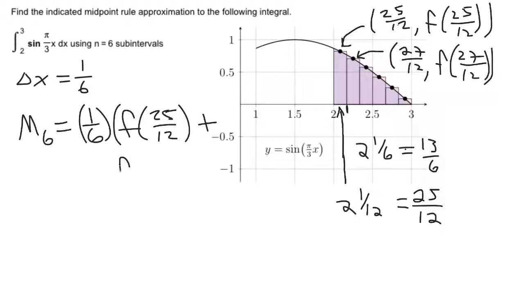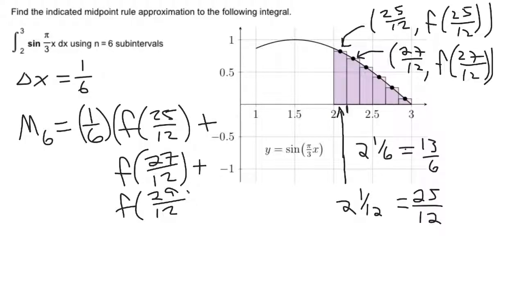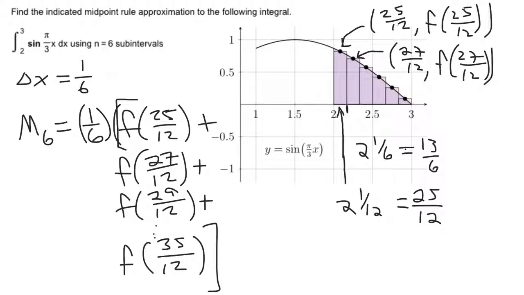So rather than do 1/6 times each one individually, I can just do 1/6 times the whole sum. And the 6th one, what did I say it was going to be, 35/12. So there will be 6 numbers that are added together here, one for each height of the rectangle, and the sum of those is multiplied by 1/6.